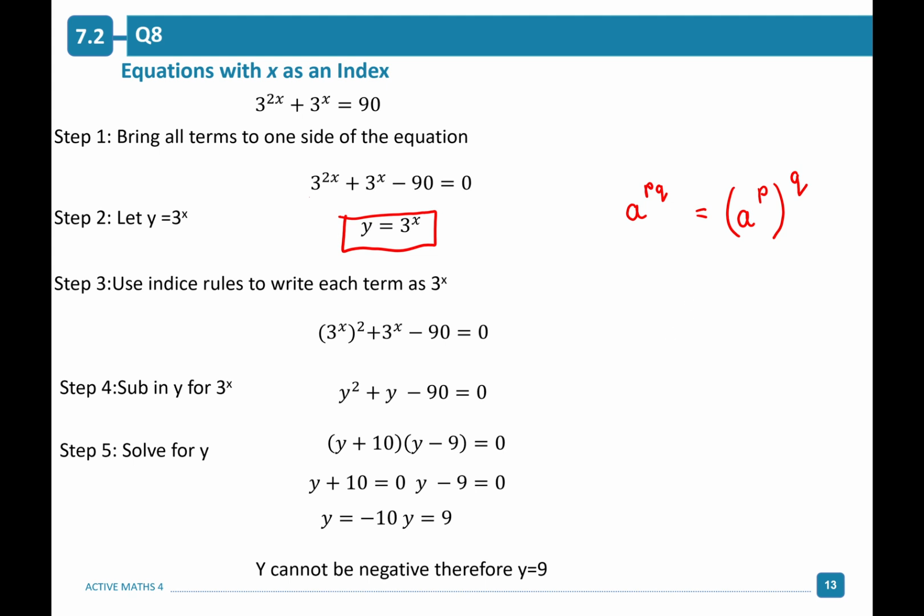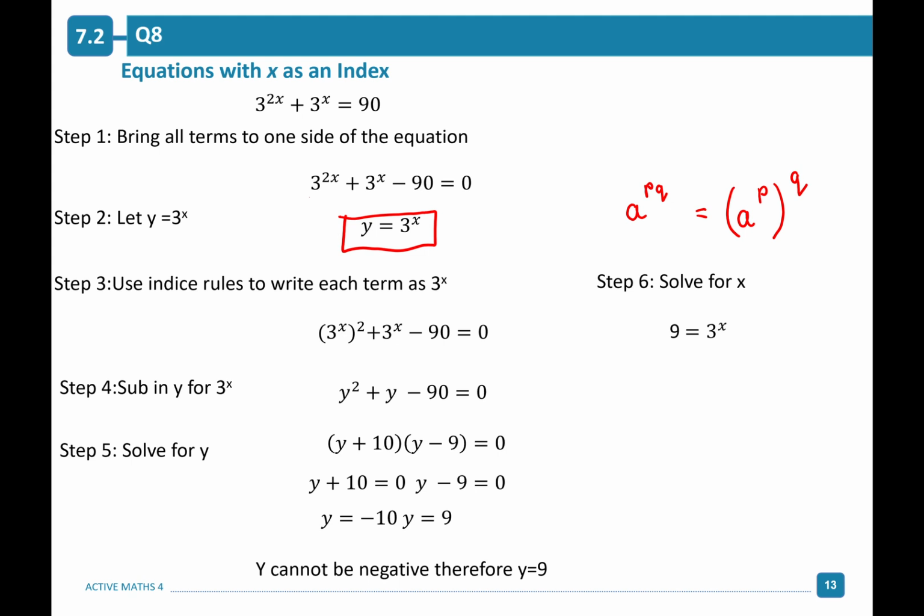Now that we have found our value of y, you need to substitute in to solve for your value of x. We know that y is equal to 3 to the power of x. So substituting in for y, we get 9 is equal to 3 to the power of x. We now want to solve for x.